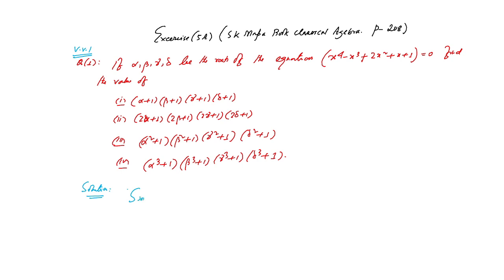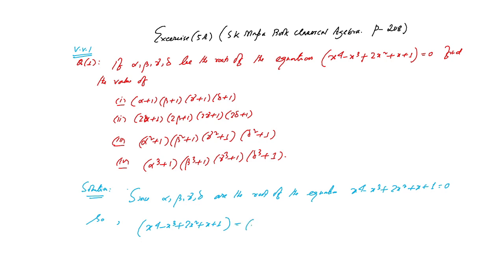Since alpha, beta, gamma, delta are the roots of the equation x to the power 4 minus x cube plus 2x square plus x plus 1 equals 0, that equation can be written as x minus alpha into x minus beta into x minus gamma into x minus delta, which are the different factors.